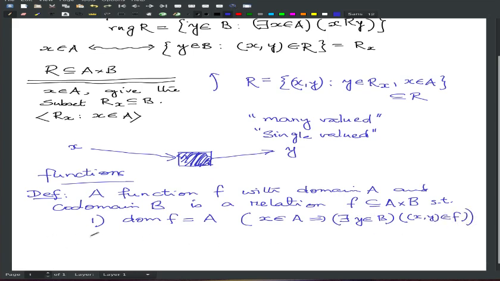And the second one is this unique values condition. It says if (x, y) and (x, y') both are in f, that is, given the single input x, if you tell me that there are two outputs, it must be that the outputs are the same. So that's the formal definition of a function.